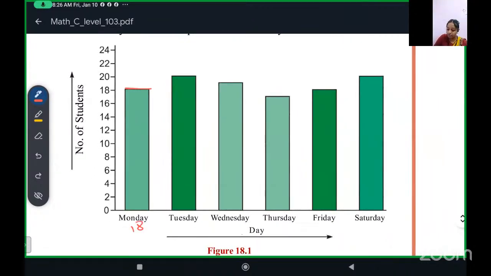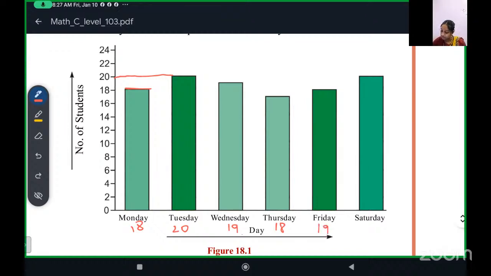If you look at Tuesday, out of those 20 students, 20 are present on Tuesday. If you look at Wednesday, it's in between 18 and 20, so we can see 19 students were present on Wednesday. Thursday, again 18 students. Then Friday, 19.